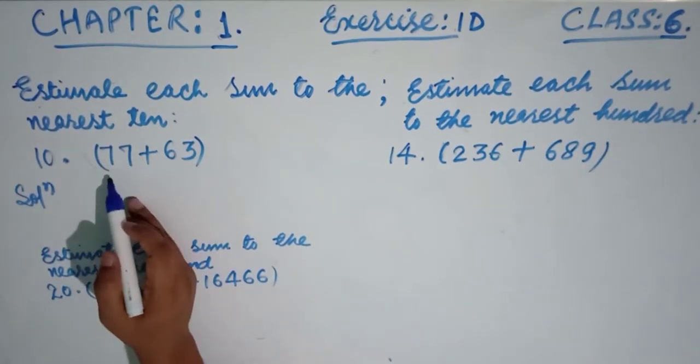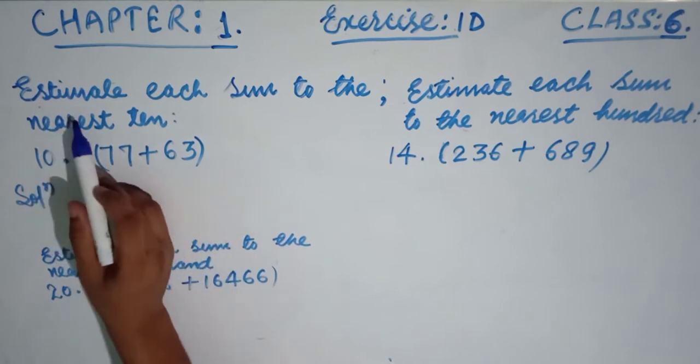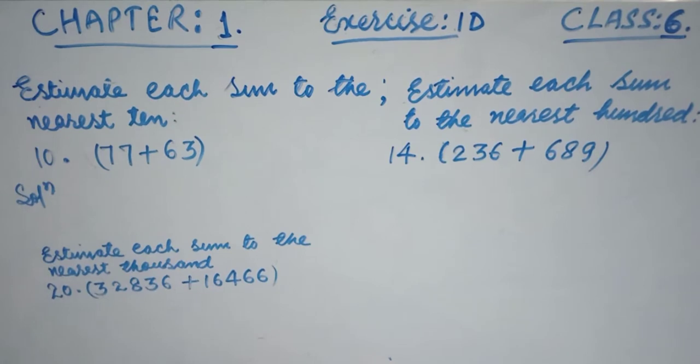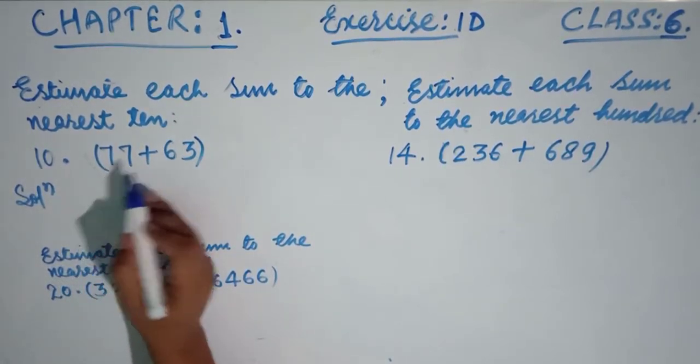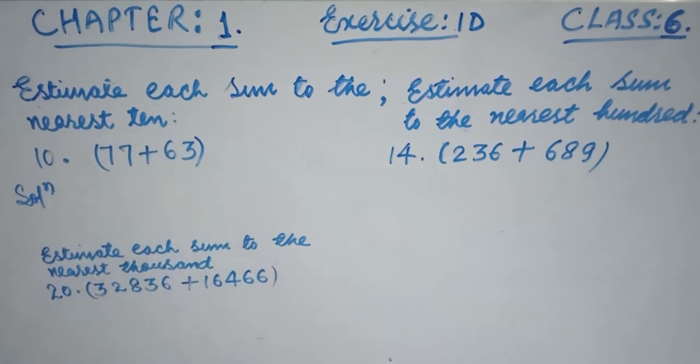See friends, here 77 plus 63. The question says estimate each sum to the nearest 10. First of all, we have to write the estimated value of 77 to the nearest 10 and 63 to the nearest 10 as well. Then we can add their values and find the answer.